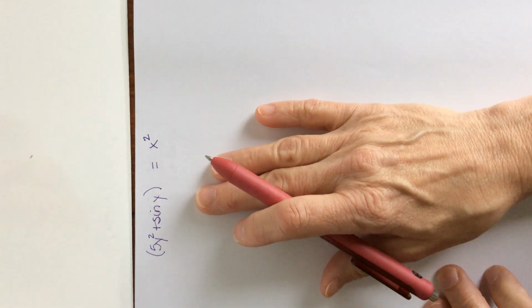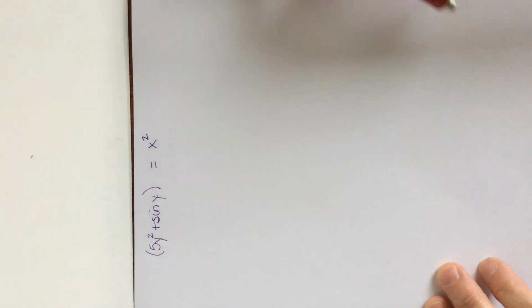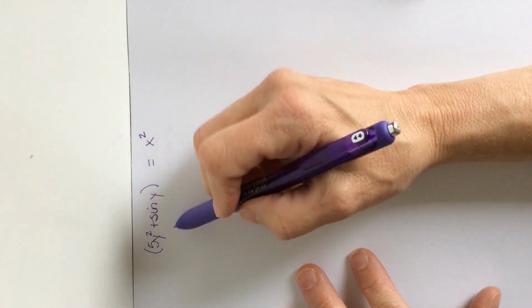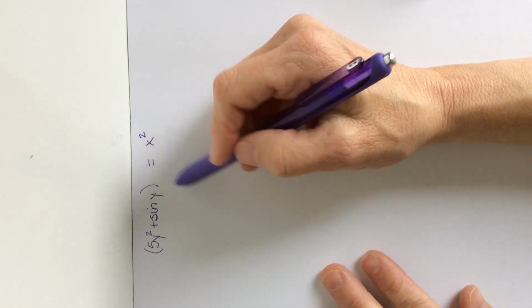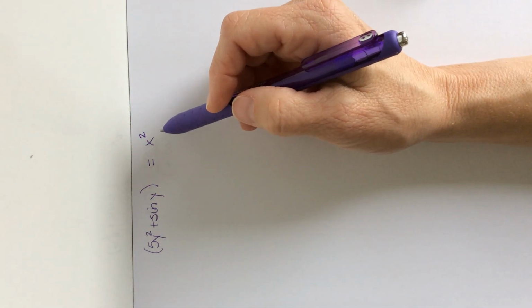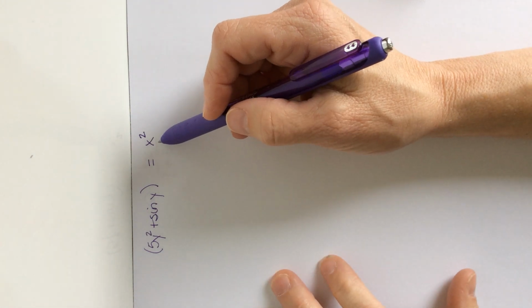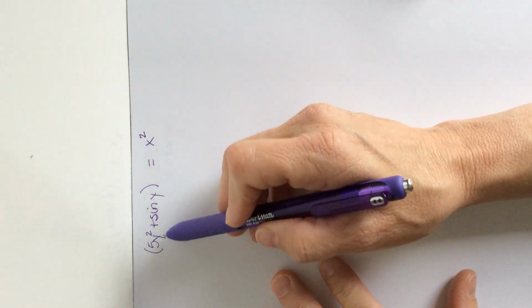Next example, very similar. I just need to do the same thing. Implicit differentiation. I'll work with the left side. I will also work with the right side. So, the derivative of the left.